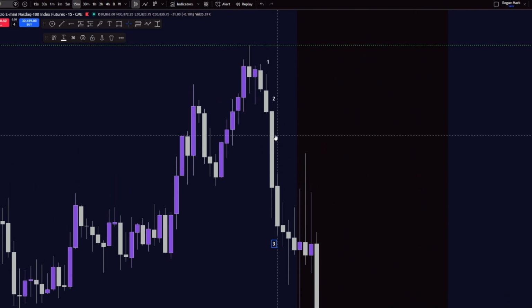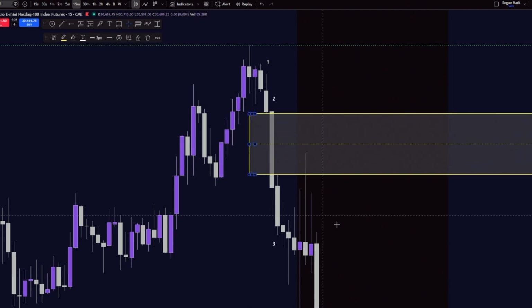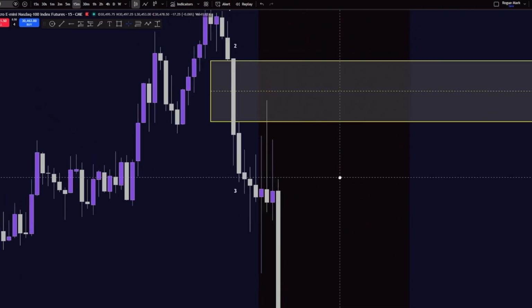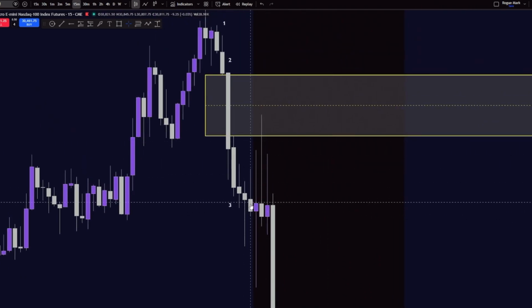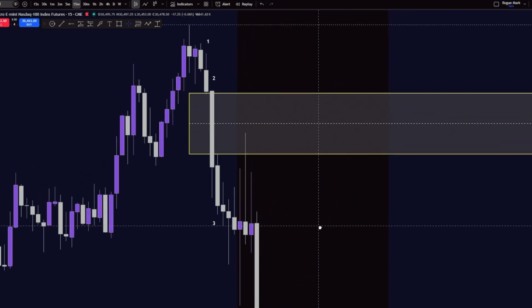The wick of the candle, the aggressive imbalance second candle, and then the third candle. So we would place the FVG from the bottom of this wick to the top of this wick. As you can see, price dropped, rallied back up to the fair value gap, tapped it, and continued its way down. So that is a fair value gap.